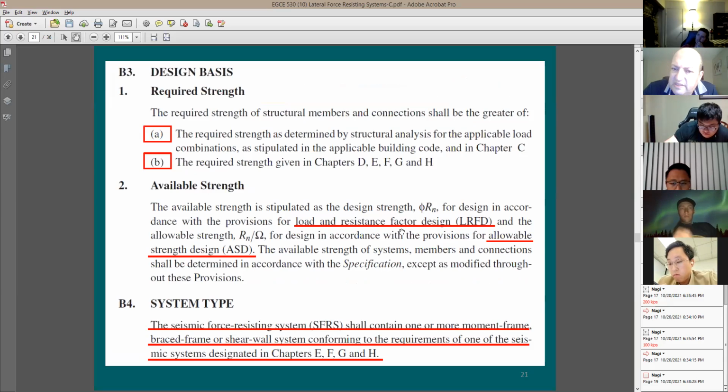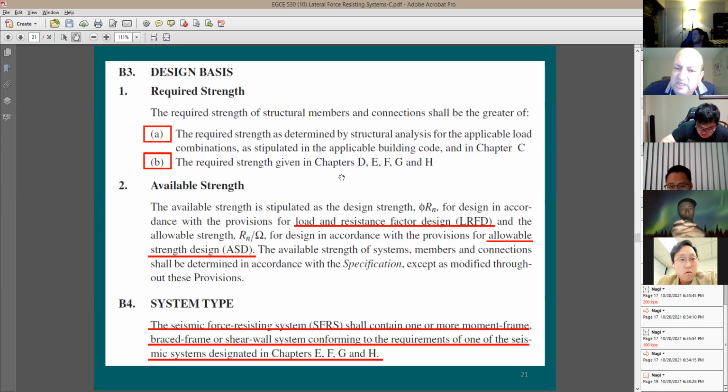So what's the required strength? The required strength is going to be based on what? It's going to be based on the structural analysis. Now you're going to have the V, which means base shear applied on the structure. You're going to be taking it, distributed on the bracing members, and then applied on the structure. Now, between a lateral resisting system like moment frame, or a braced moment frame, or a brace frame, you can have different design forces for different elements.